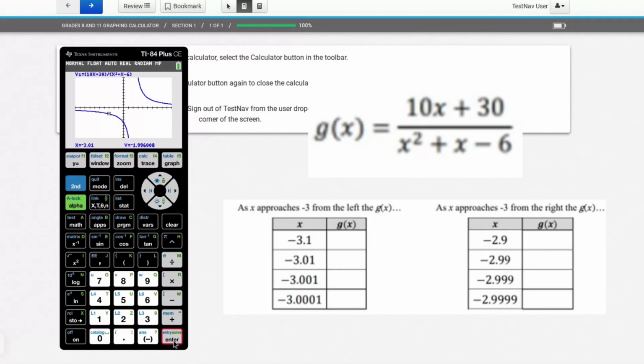Hit enter. And that's going to get us -1.996. Let's do it again. Second calc value, -3.001. Enter. And we're at -1.9996, which rounds to -2.